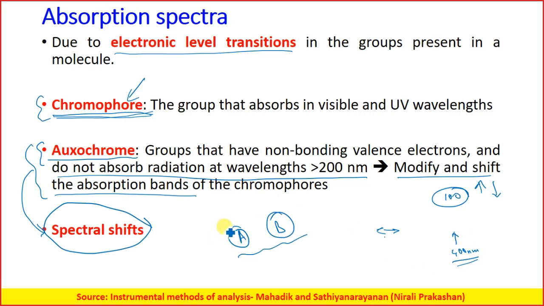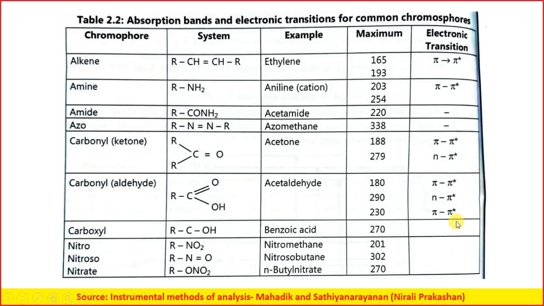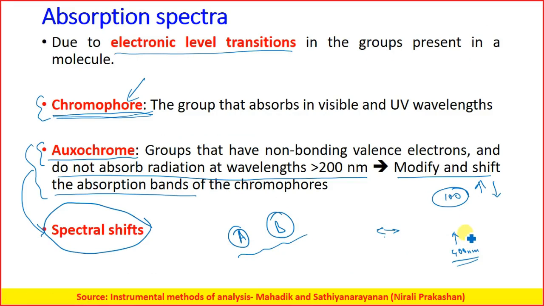The inclusion of the auxochrome may shift the peak either to 405 nanometers or to 395 nanometers. This shift either to the higher wavelength or the lower wavelength is regarded as spectral shifts.